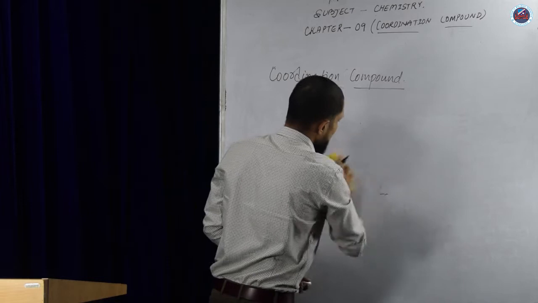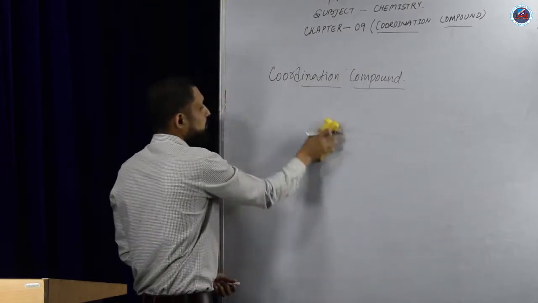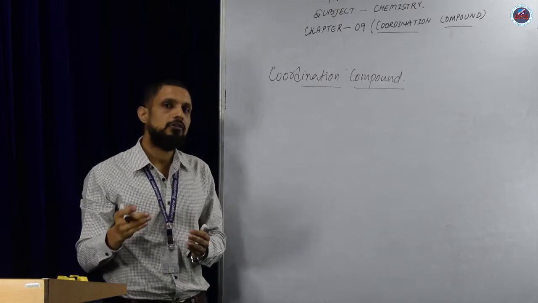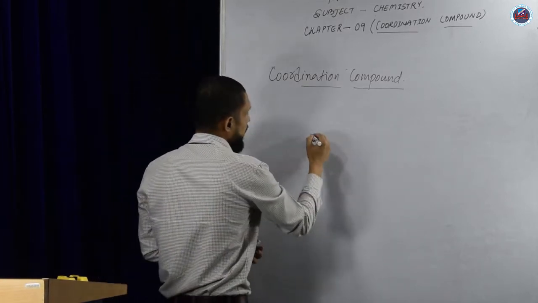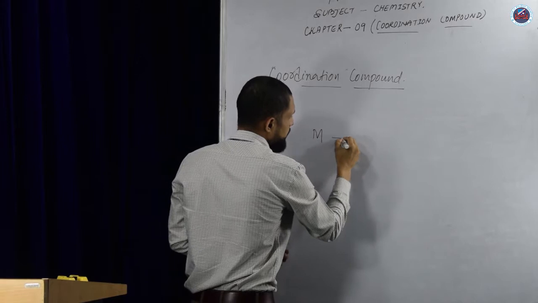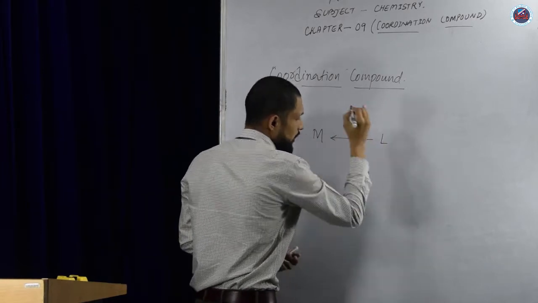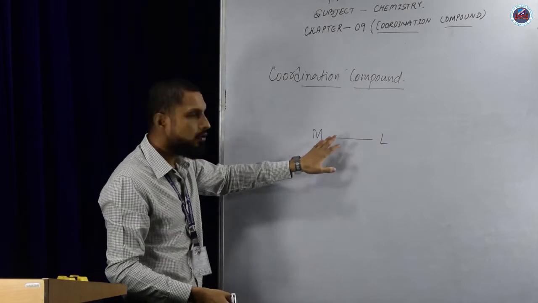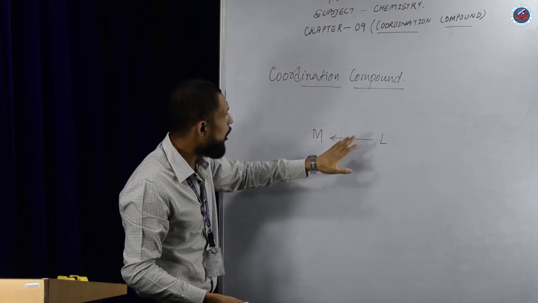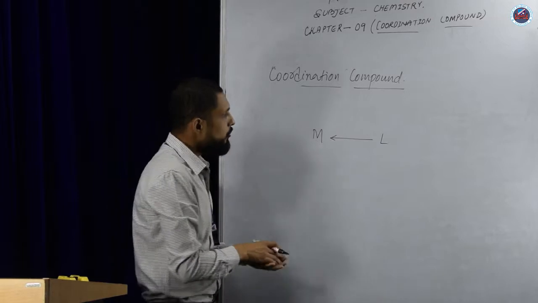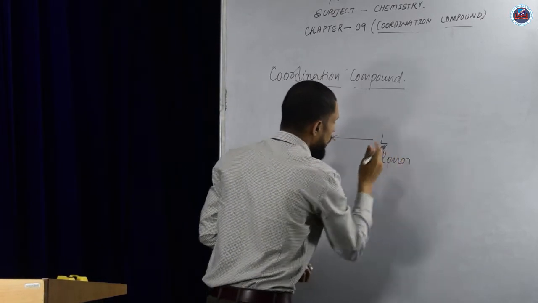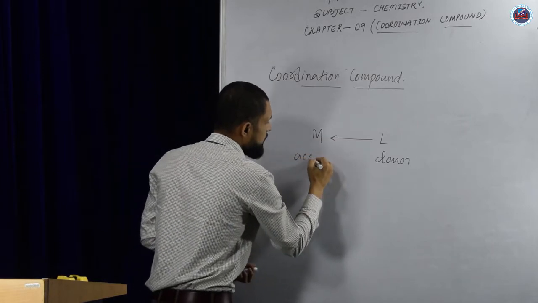So we can say, in the case of coordination compound, there will be a donor and an acceptor. So say M, L. Now L will donate two electrons to M and will form coordinate bond. So here L is donor, whereas M is acceptor.